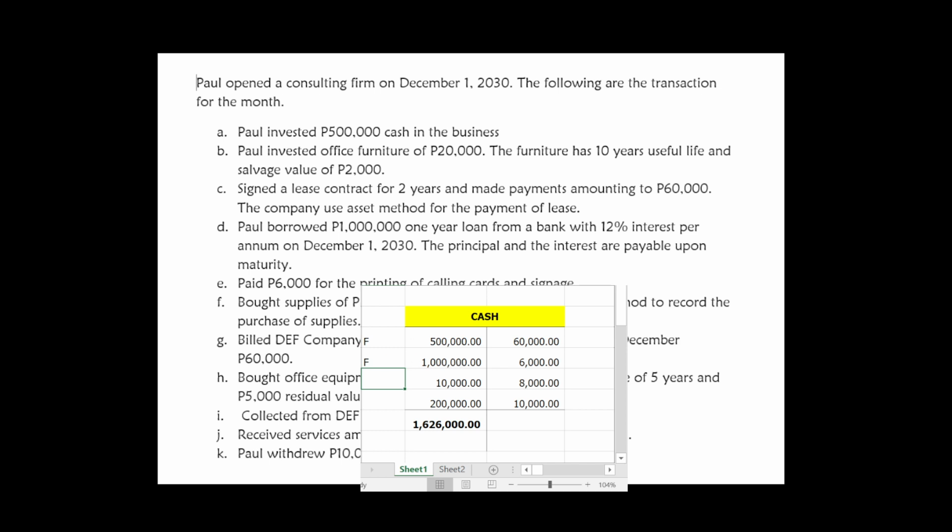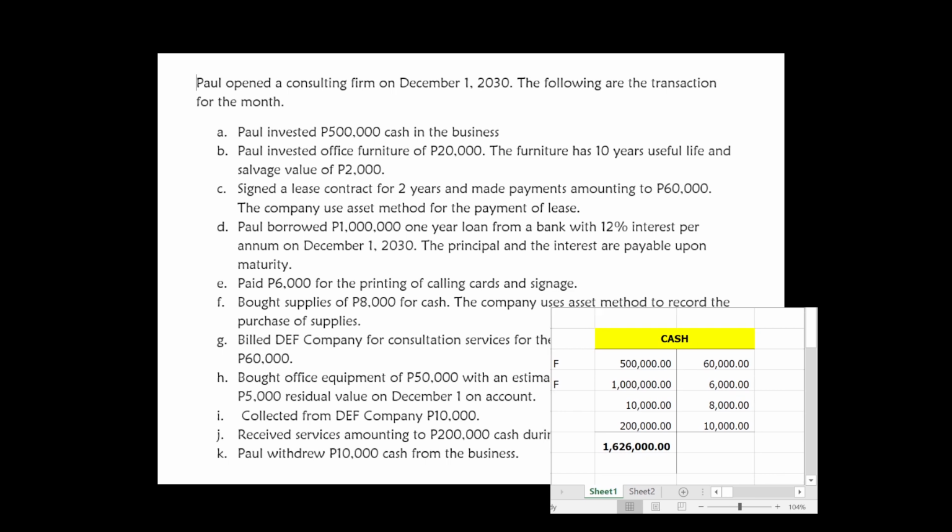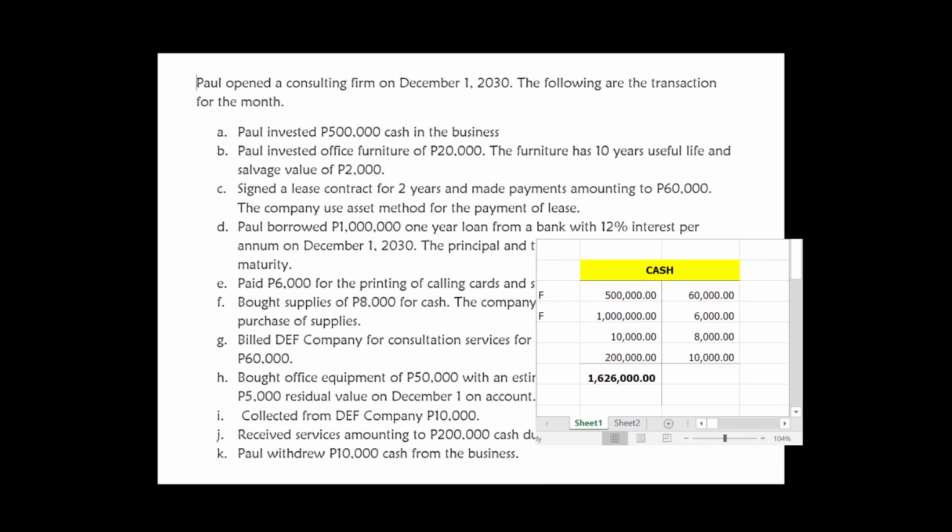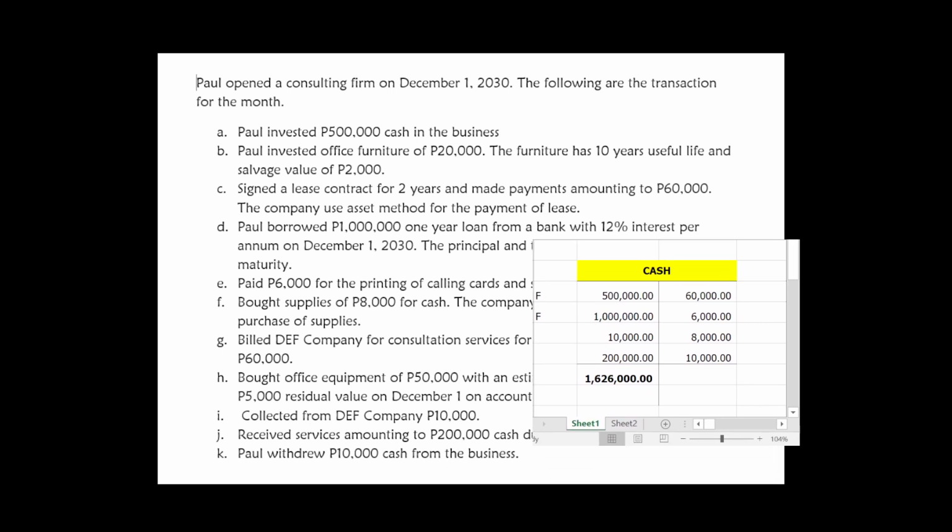Okay, ito to. Collected from DEF, letter I. So, itong collection from DEF, syempre, operations yan. Okay, sundan nyo lang etong ginagawa ko dito sa gilid. Operations. And then, itong 200,000, the same pa din from services rendered. So, that is still operations.